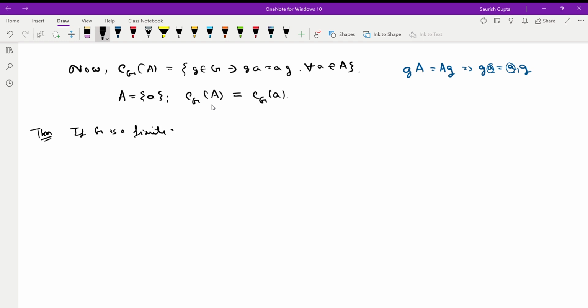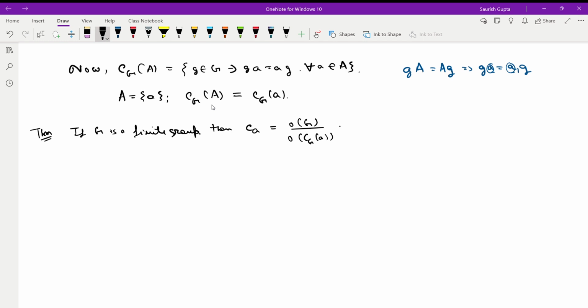If G is a finite group, then the number of distinct conjugates of A in G equals the order of G upon the order of the centralizer of A. Clear? So the number of distinct conjugates of A equals the order of G upon the order of the centralizer of A, right?